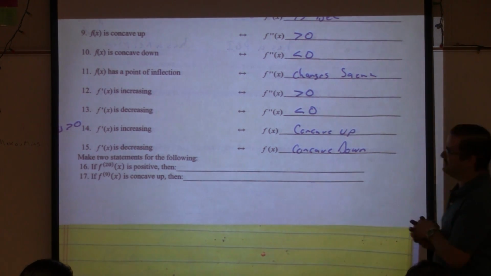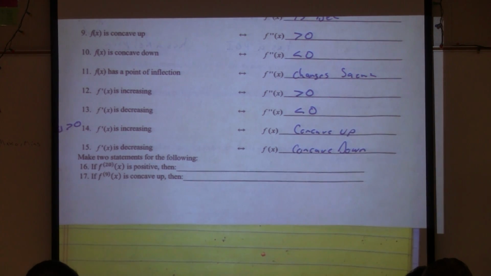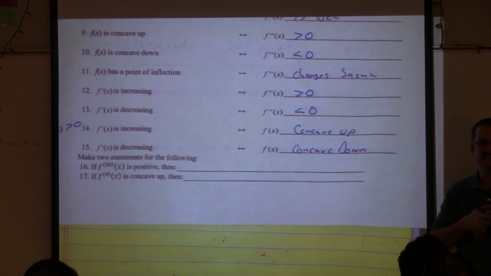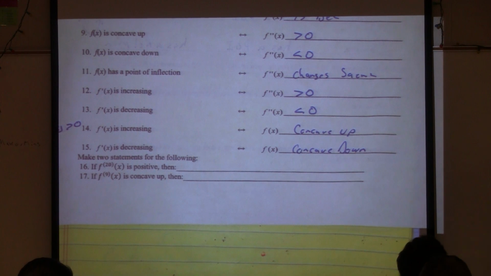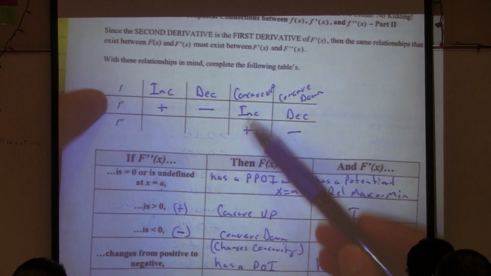Alright, so did you come up with something? Alright, so if the 20th derivative is positive, then what must be true? The 21st derivative is increasing? So the 21st derivative would be increasing? And the 19th derivative would be... So if the 20th derivative is positive, that means the previous one is what?